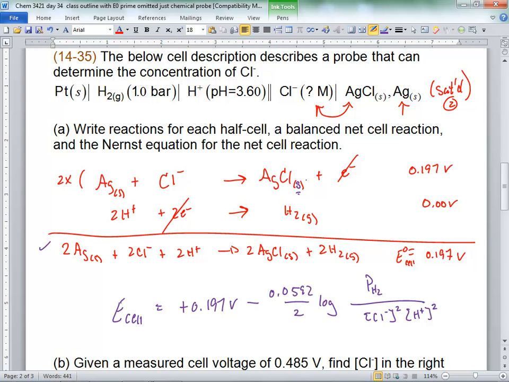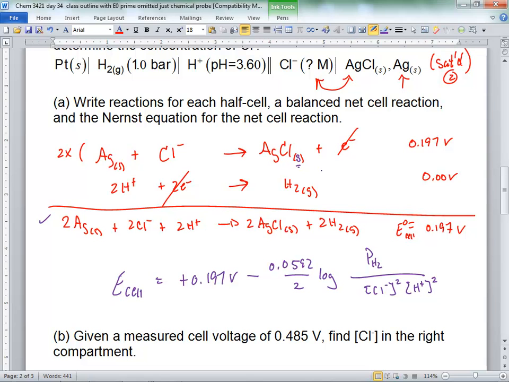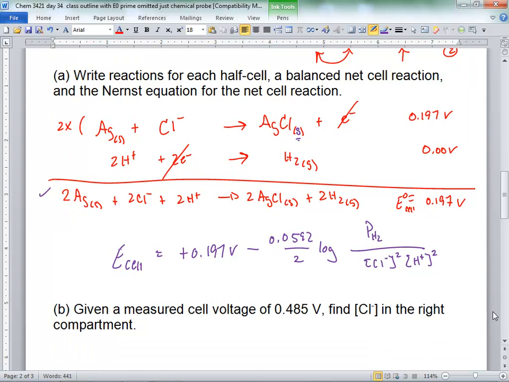This is where the Nernst equation is not as it should be, this is what they should be doing. Do you remember the different types of K? We had K and we had Kc. Kc is where everything is in terms of concentration. Then you had K, and K was called the thermodynamic equilibrium constant.